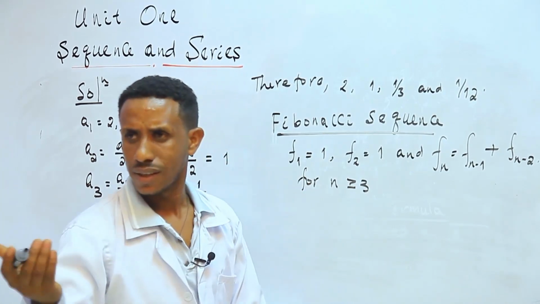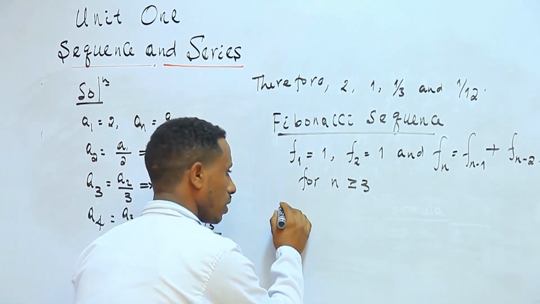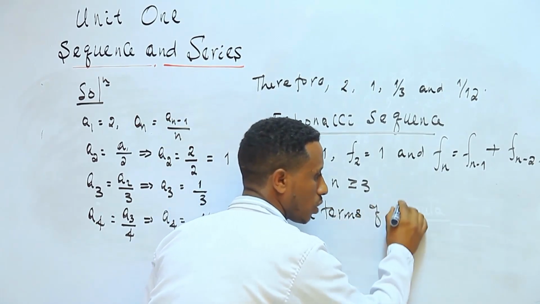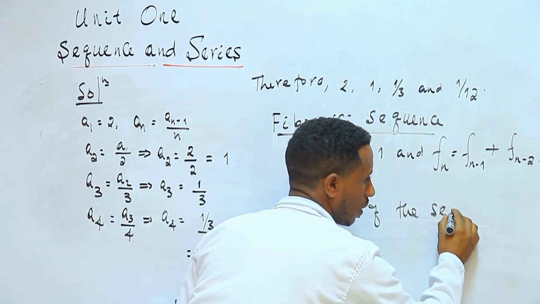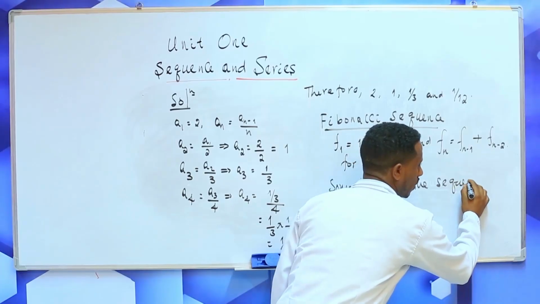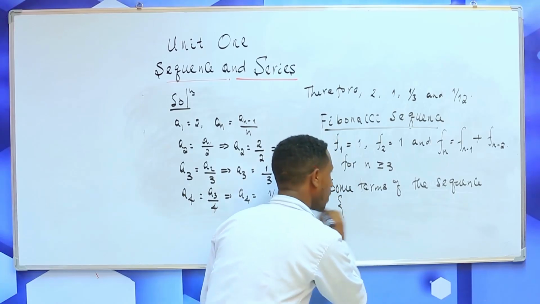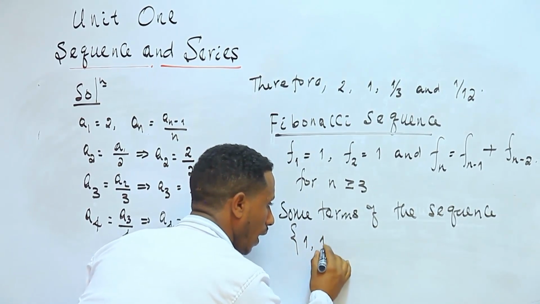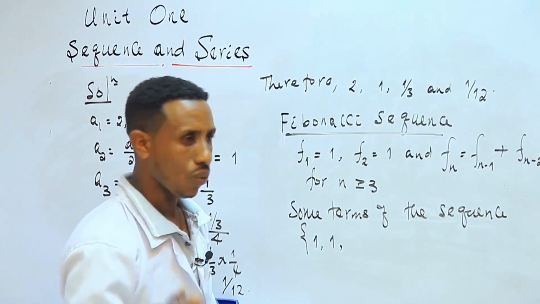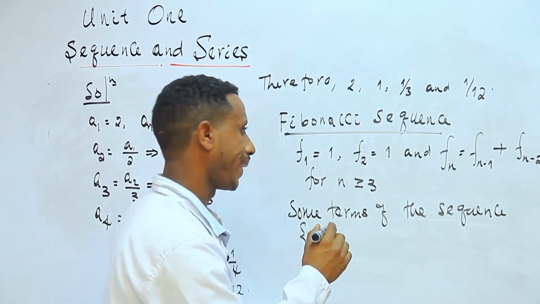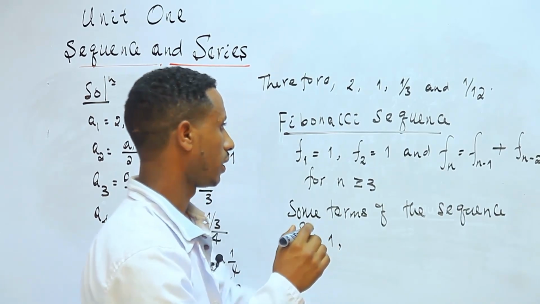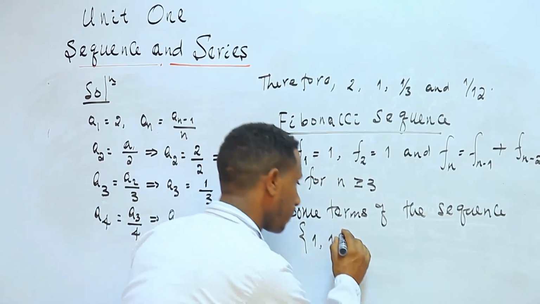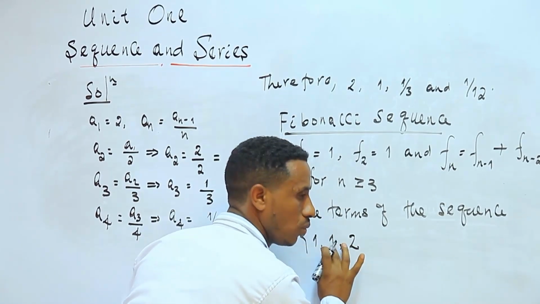Therefore, what do you think are the terms of the sequence? What do you think is the third? Because we know the first and the second. Yeah, the first and the second are the same, 1, 1. What about the third one? The third one is the sum of these, that is 1 plus 1 is 2.